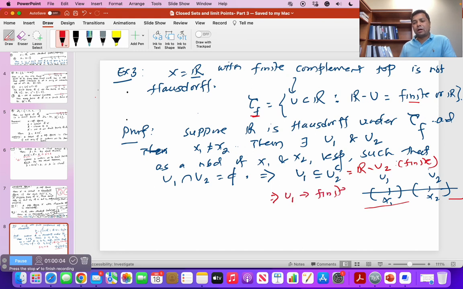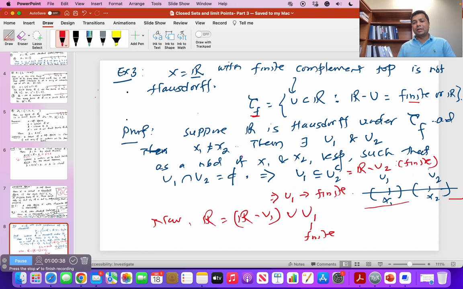Now we can write down R is the union of u1 complement and also u1. If you take a given set and its complement, then you get the whole set. In our case, the whole set is R. So if you take the union of u1 with its complement, you get R. And here we just found that u1 is finite.